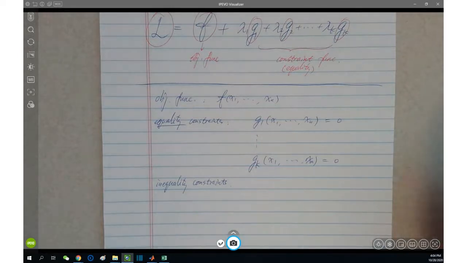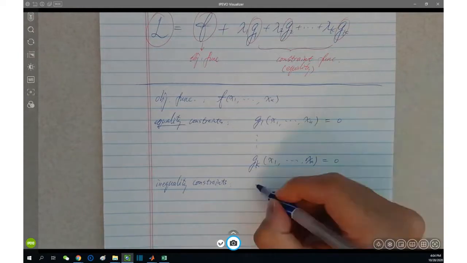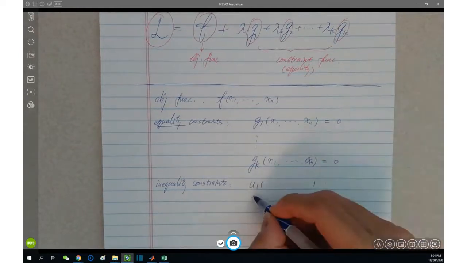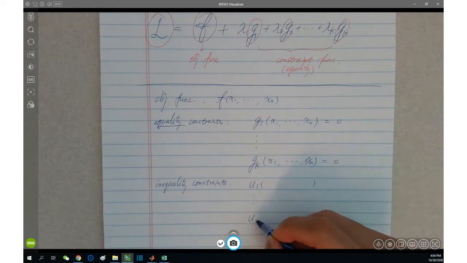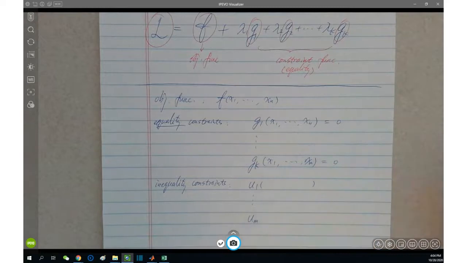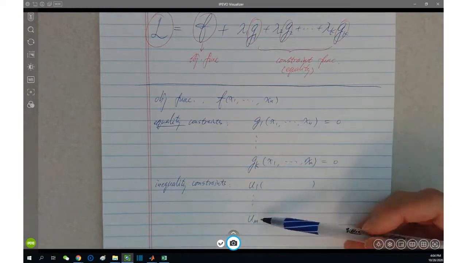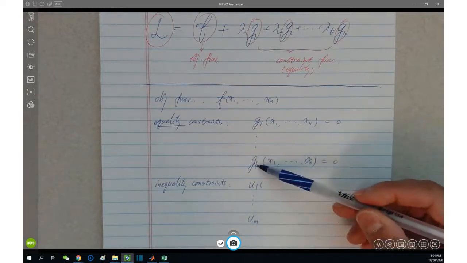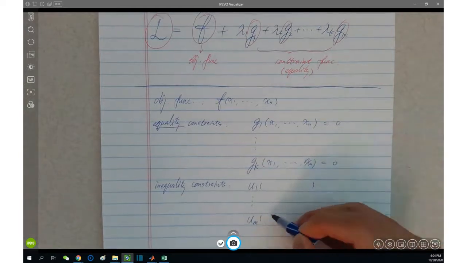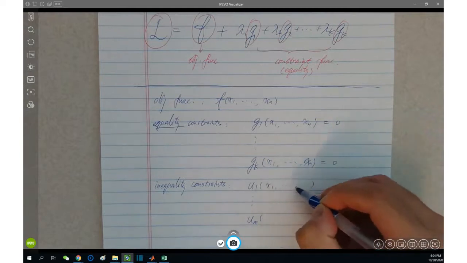We can use u1 up to u, well, the next number needs to be different as well. It's not necessarily the same number as the equality constraints. So the subscript here could be up to m. I just assume up to m. But the independent variables remain the same.